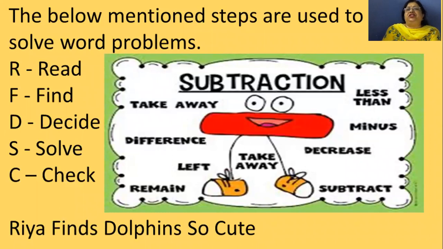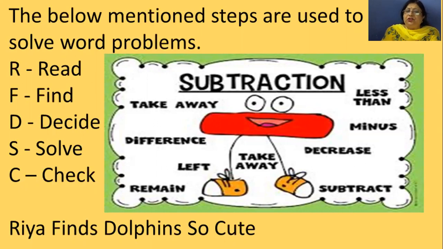The below mentioned steps are used to solve the word problem. Now, what are the steps to solve word problems? First, R means you have to read. F means you have to find. D means you have to decide what to do. S means you have to solve.